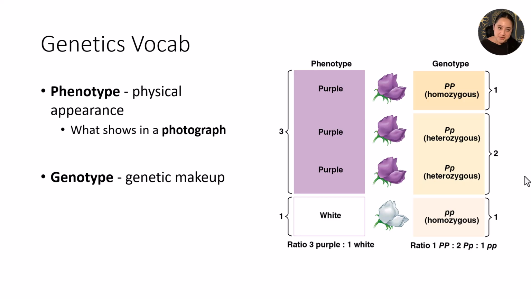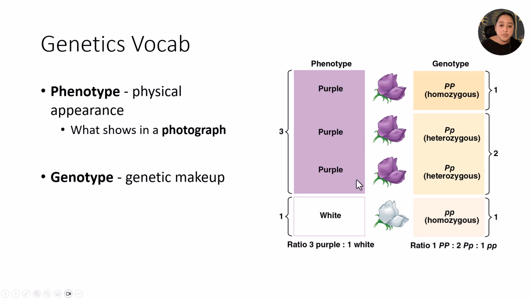And so a couple more terms. Well, let's apply these first. If this purple flower is purple because it has a big P and a big P, it has both copies of the dominant, then it is homozygous dominant. Again, if we were to do the Punnett square, there would be two that could come out big P, little p. So one of each copy, meaning heterozygous. There's a different one.